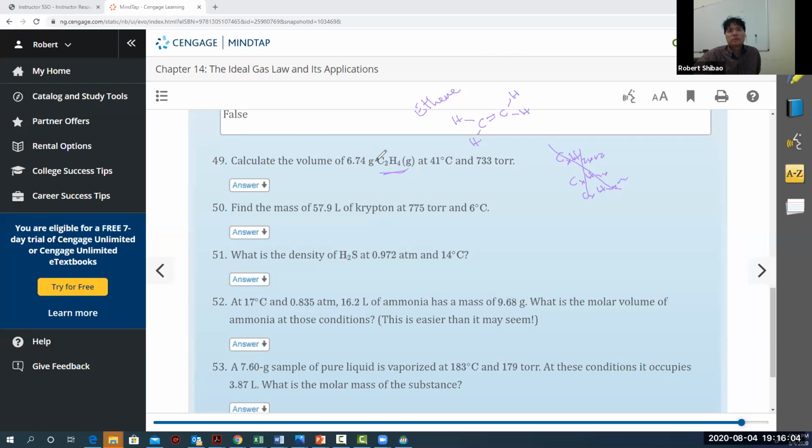This is trigonal planar. Bond angles should be all about 120, except the double bond takes up more space. So the 120-degree angles get distorted a little bit. This angle gets pushed out, and this angle gets compressed in.